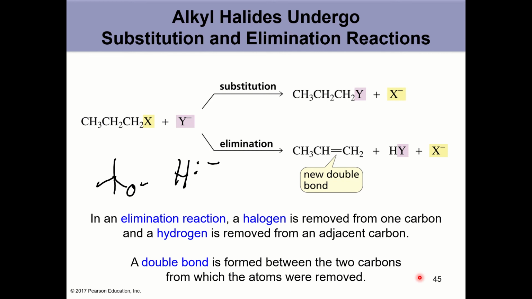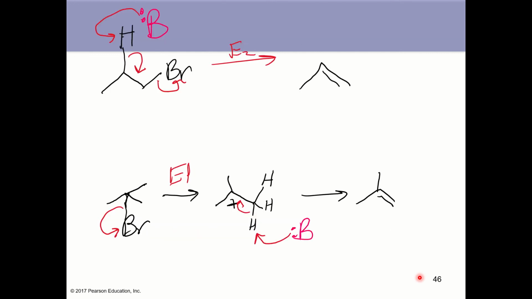In an elimination reaction, a halogen is removed from one carbon and a hydrogen is removed from an adjacent carbon, so that a double bond is formed between the two carbons from which the atoms were removed. There are two types of elimination reactions.